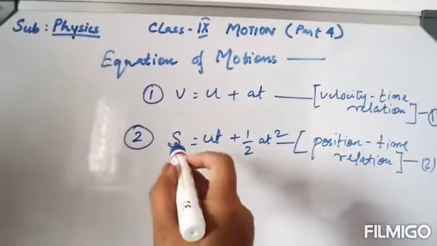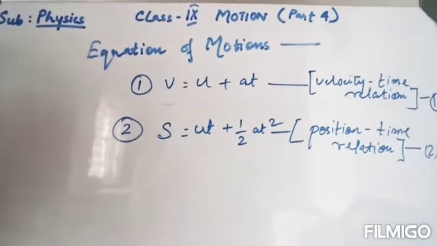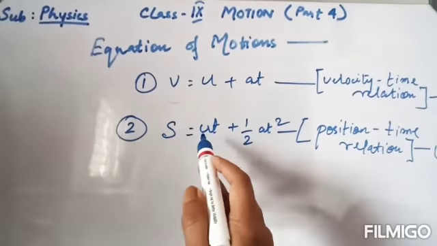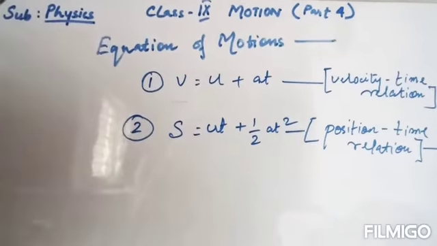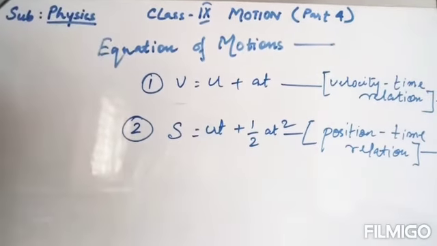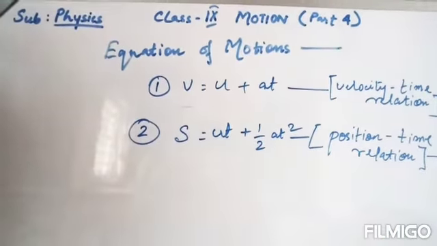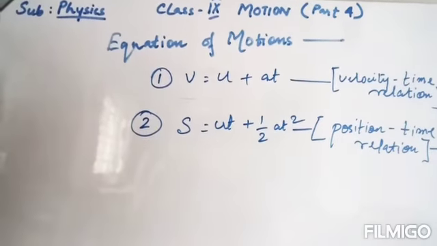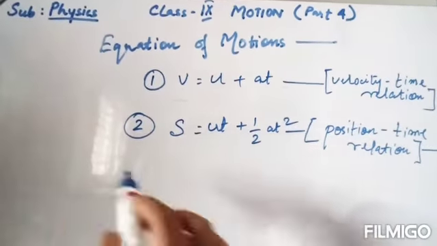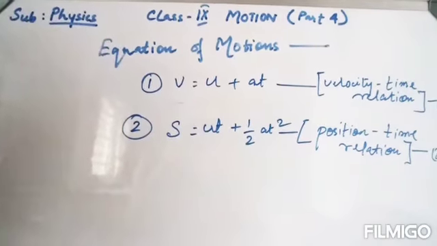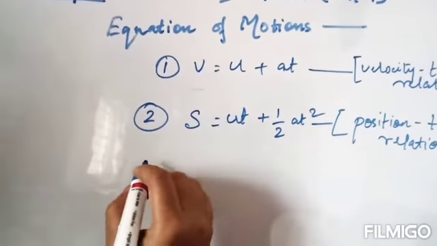What is s over here? s is the distance or displacement, u again is initial velocity, and t is the time taken, and a is again acceleration and t again is time taken. So this equation is known as the position time relation.